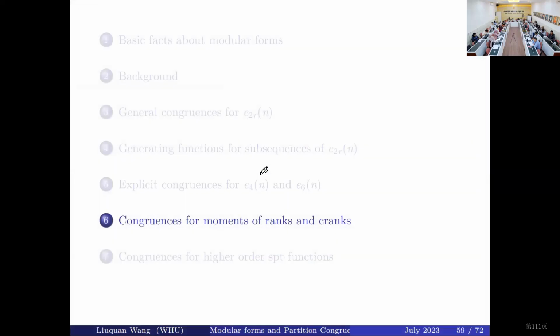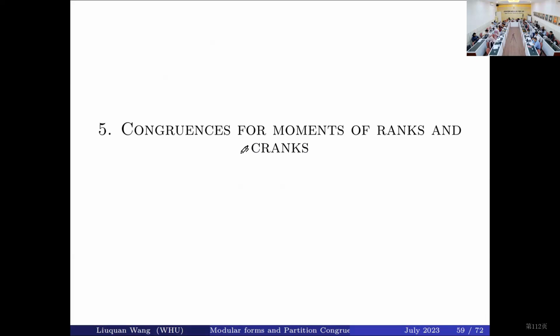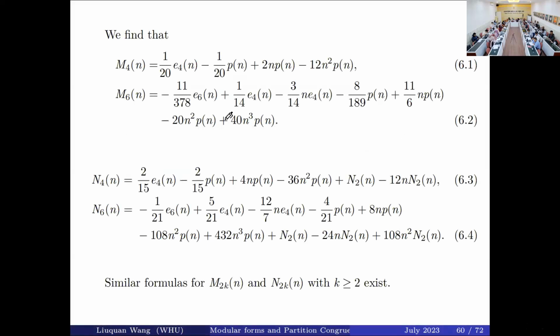And then after knowing the properties of E_{2r}(n), we can use them to study the properties of the rank and crank moments. By using the theory of modular forms, as we mentioned before, all the rank and crank moments can be expressed as linear combinations of the function E_{2r}(n) and polynomials of n times p(n). Since p(n) is clear, we know the properties of p(n), and we know the properties of E4(n).